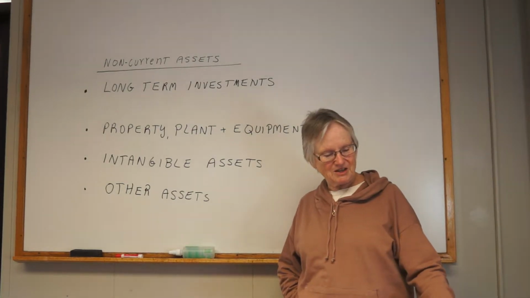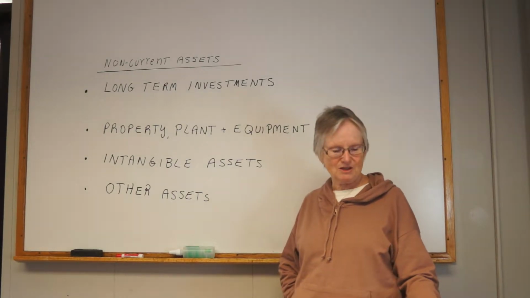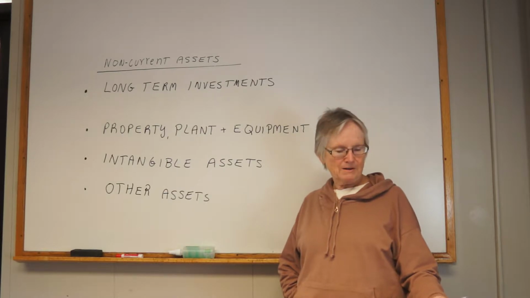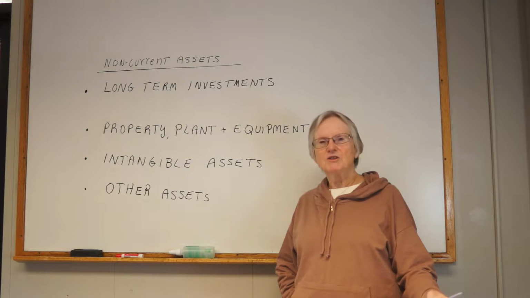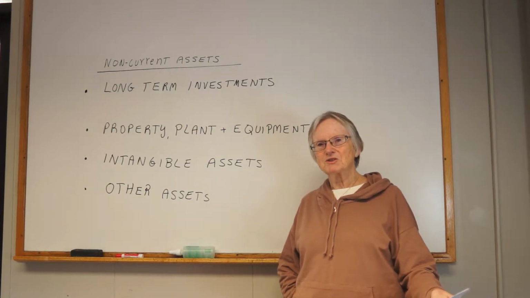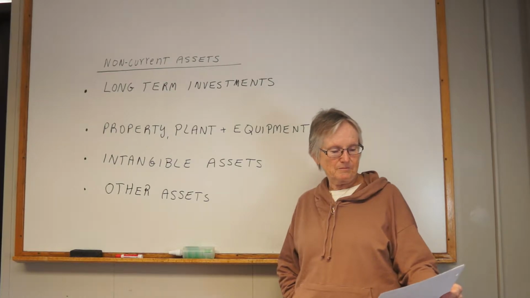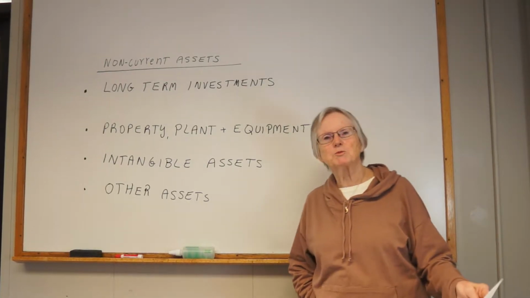Other things that can end up there would be investments in fixed tangible assets. This could be land that we're holding for speculation. It could be equipment that the company is planning to sell. These are things that are not used in the operations of the company, but we're planning to sell them. And then there are investments that are set aside for specific purposes.